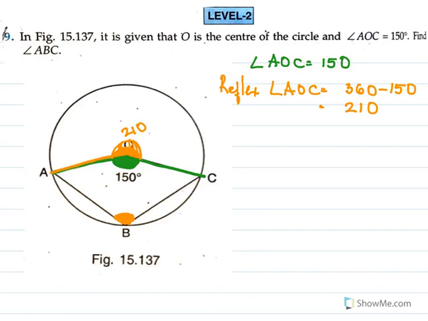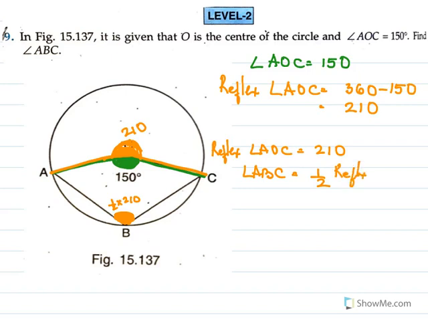This is the angle at the center. The corresponding angle at the circle will be this, so this will be half of 210. So if reflex AOC is 210, angle ABC is half of reflex AOC, that is half of 210, and that is 105.